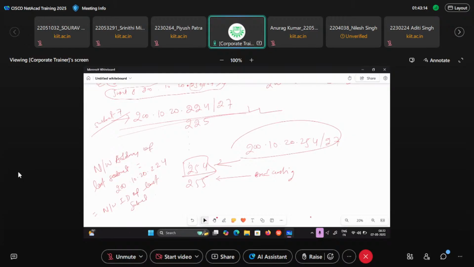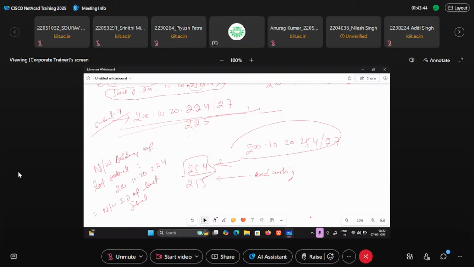Or if I say what is the last IP of subnet 7, or last usable IP, or last IP for the host, these are all a bit similar things, but somewhere you have to make some changes. Just understand that. If I say from subnet 7, what is the last IP of subnet 7? What is your answer?